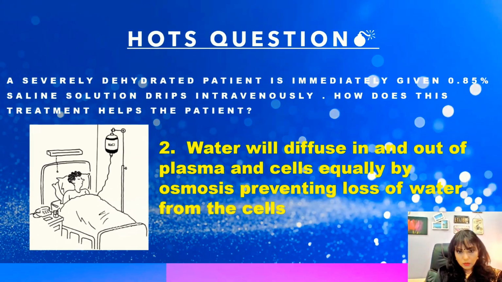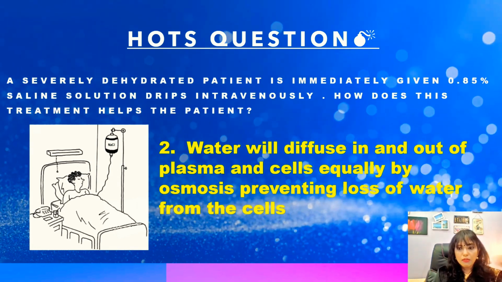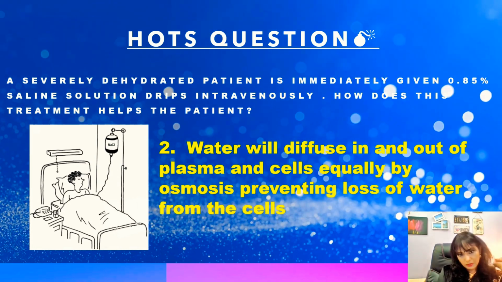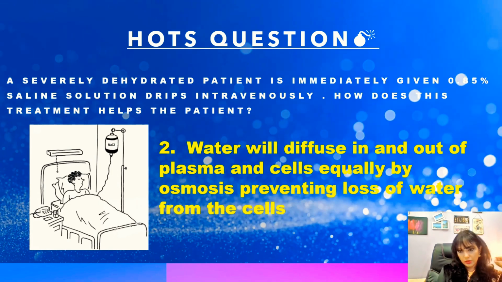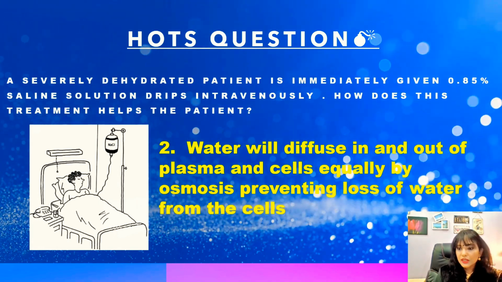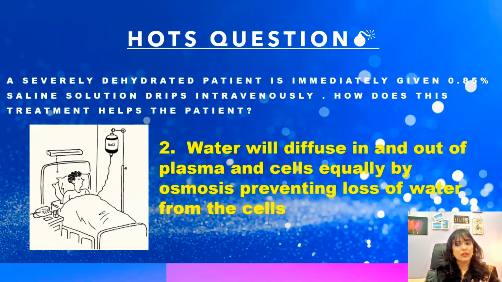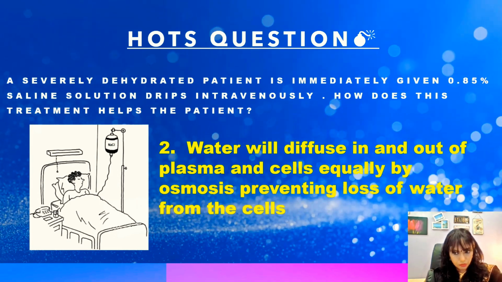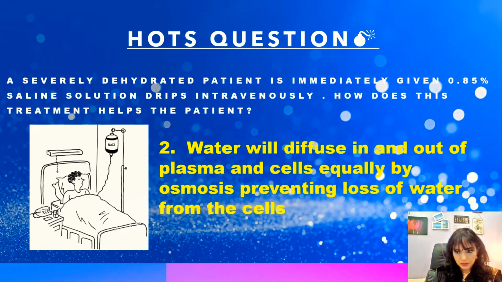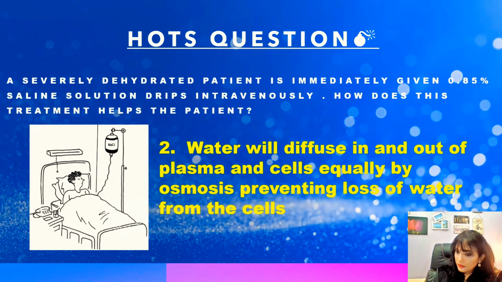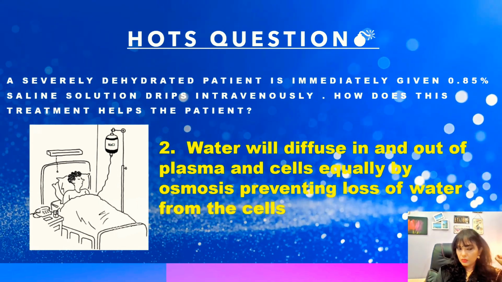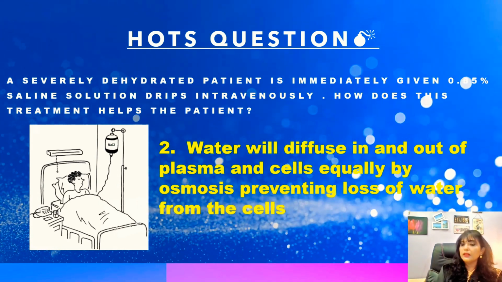The second step, water will diffuse in and out of plasma and the cells equally by osmosis, preventing loss of water from the cells, because initially when he was dehydrated, the water was going the other way around, from the cells out into the plasma. To avoid that, when you administer this saline water drip, what will happen?